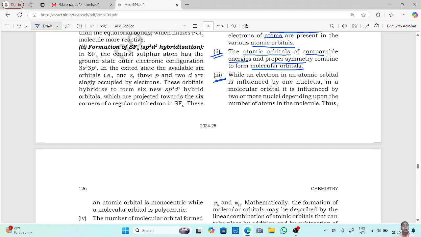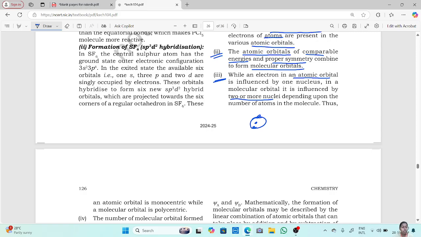Now, the third point is that when an electron in an atomic orbital is influenced by one nucleus, in a molecular orbital it is influenced by two or more nuclei, depending upon the number of atoms in the molecule. In an atom you have only one nucleus, and the electrons are influenced by that nucleus. Whereas in a molecular orbital, the influence on the electrons is made by two or more nuclei, because a molecule contains two or more atoms.